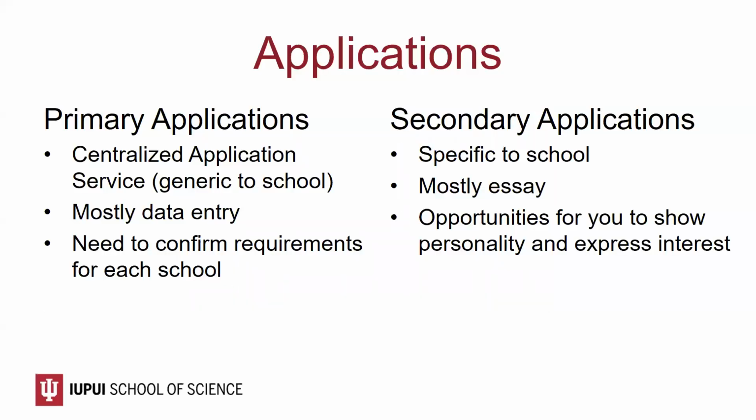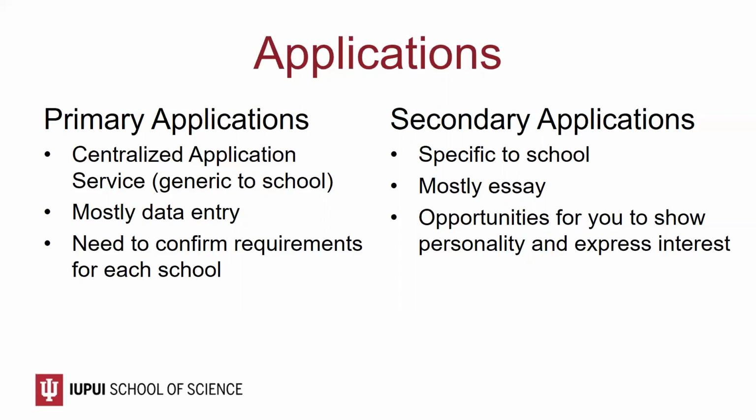So I've already mentioned the primary and secondary applications, but here's a little bit of information on how these two processes differ. The primary application is that centralized application service that you are going to use to submit information to every school that you choose to apply to. This application is mostly data entry and is used to confirm the requirements for each school.